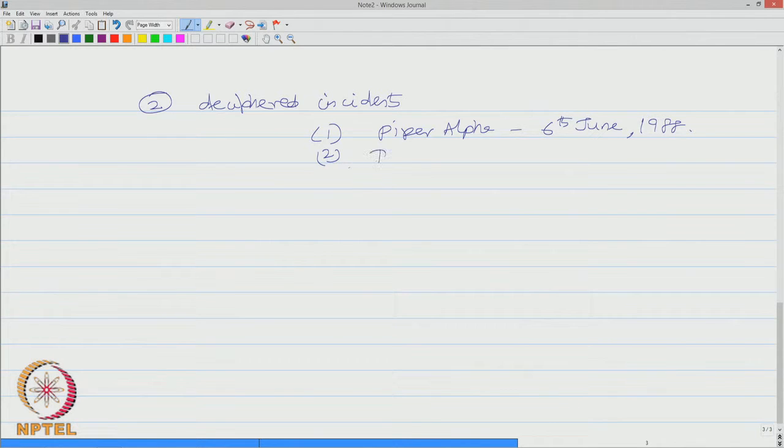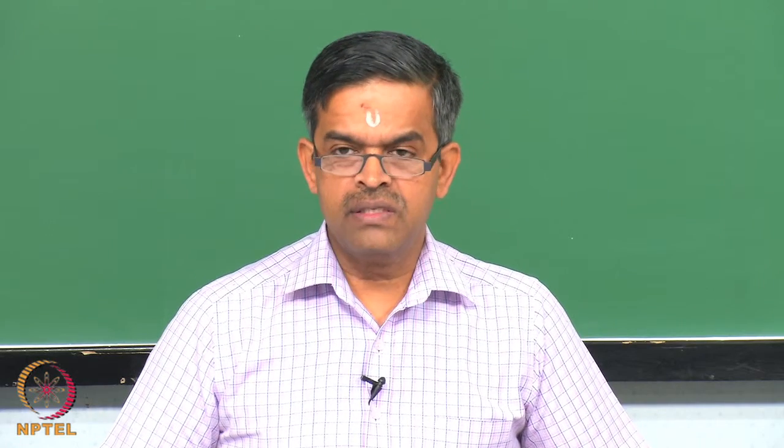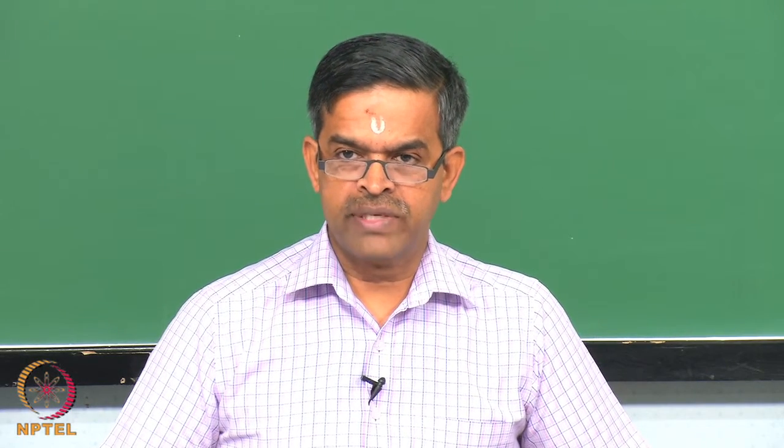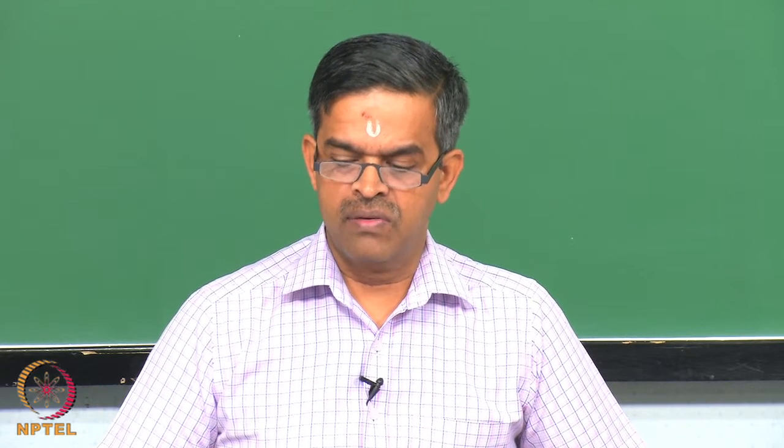The second is the accident on Deepwater Horizon which happened on 20th April 2010. These are two classical incidents quoted as standing examples which emphasize the necessity of explosion protection or blast resistance of the structural members of the platform.